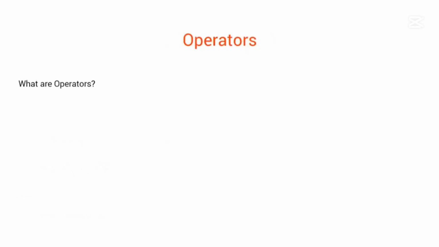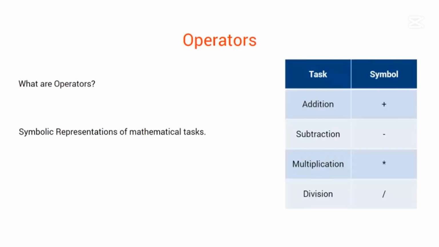So what are operators? In simplistic terms, operators are symbolic representations of mathematical tasks. Or in another way, this is how computers recognize what mathematical tasks to perform. Here are some mathematical tasks such as addition, subtraction, along with their symbols.